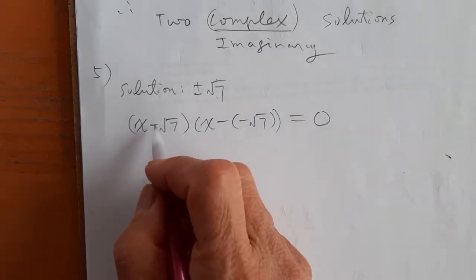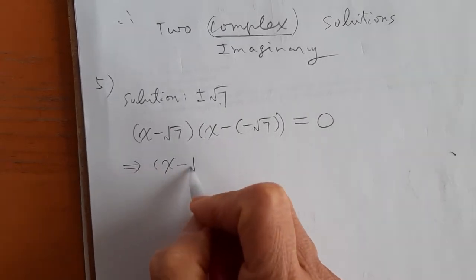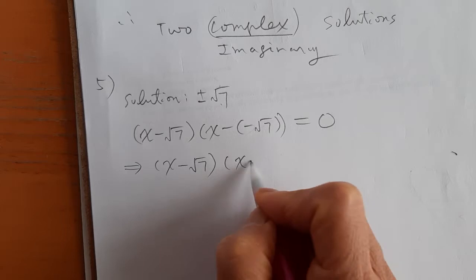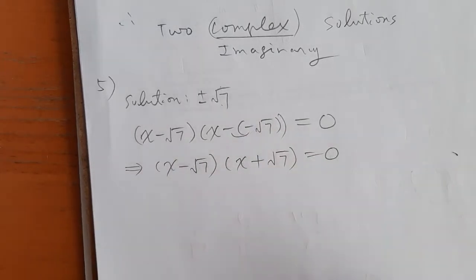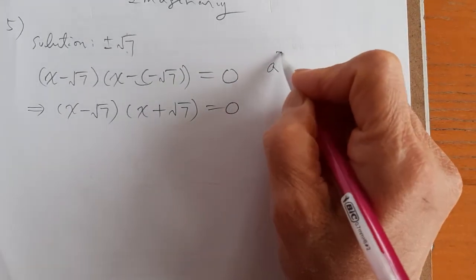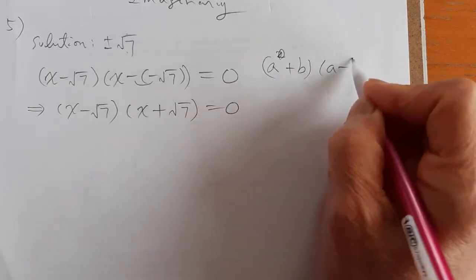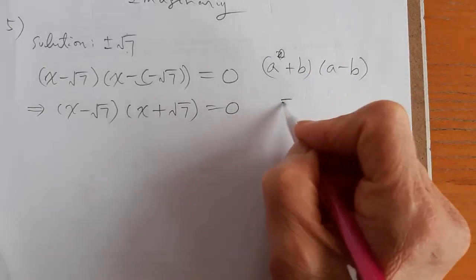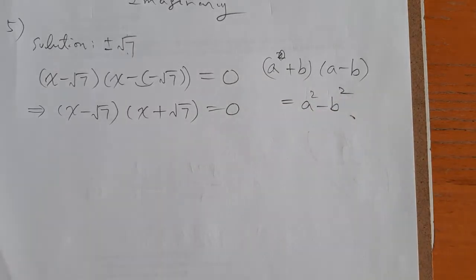And then we multiply out. So this one is (x minus square root of 7) times (x plus square root of 7) equals 0. And then use the difference of squares formula: (a plus b) times (a minus b) equals first term squared minus second term squared.